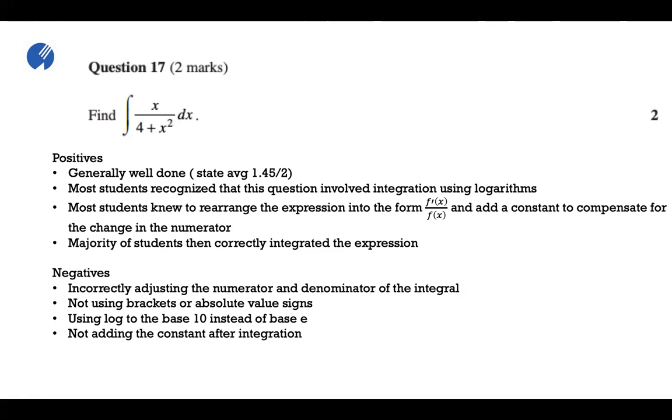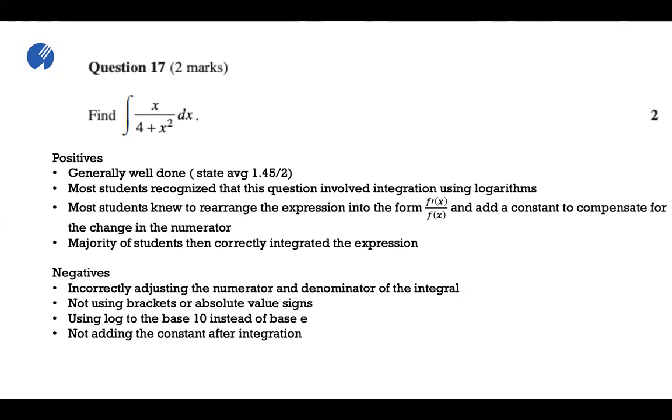The negatives of the question were that some people could not correctly adjust the fraction for the numerator and the denominator. They knew that 2x went on the top, but a lot of them put 2 outside the integral sign instead of a half.